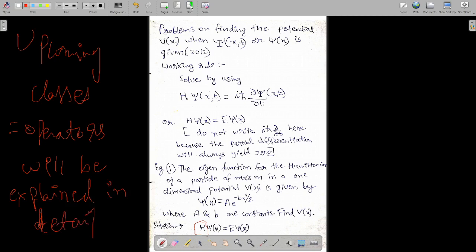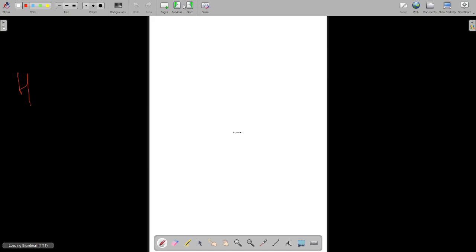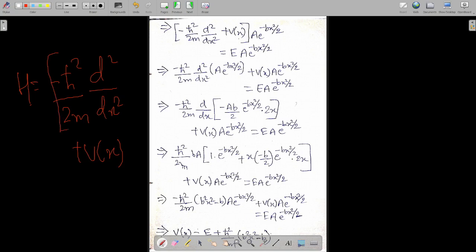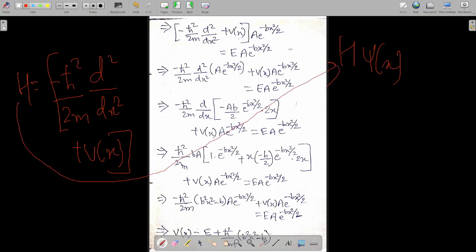So let us use this formula. In the case of the Hamiltonian operator, I will substitute this term. Instead of the Hamiltonian operator, I will substitute this term over here. The Hamiltonian operator is defined like this. So Hψ turns to, you substitute H over here and you substitute ψ(x), which has this value, over here.